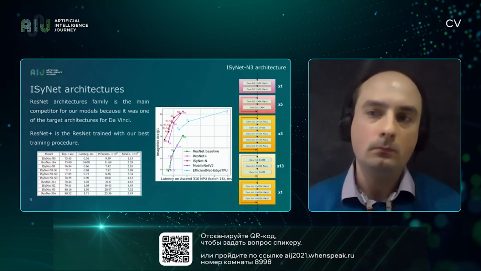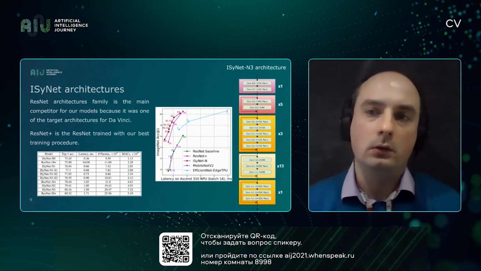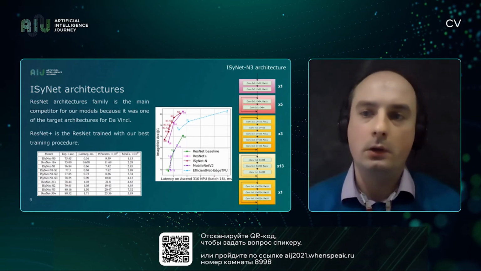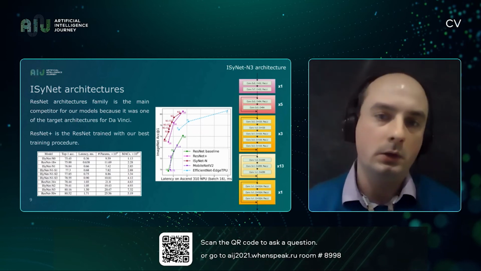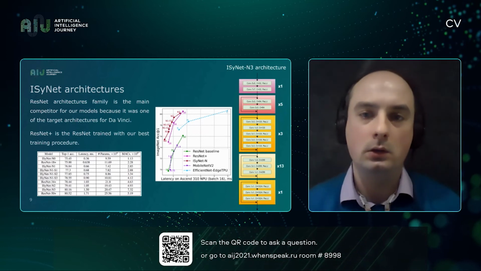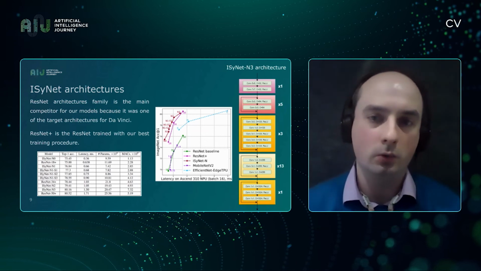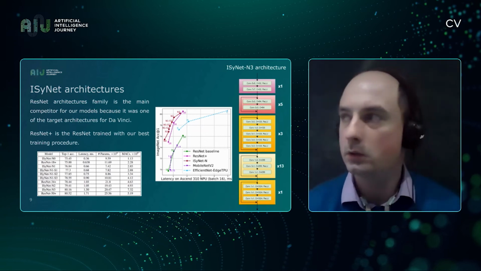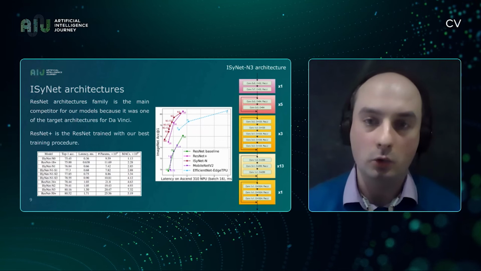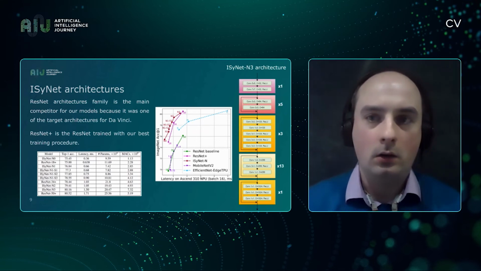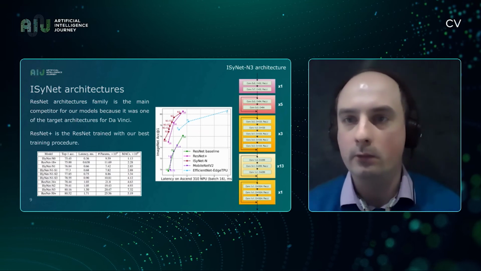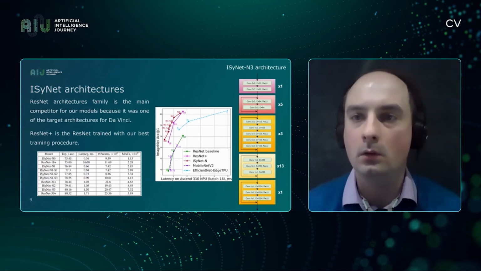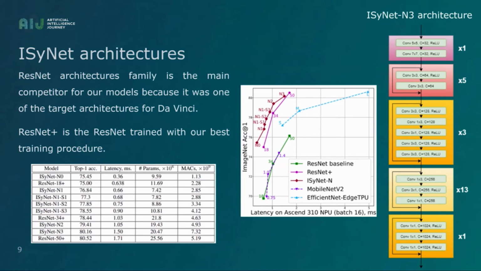Everyone knows them. They are used frequently. And the very architecture of Da Vinci was designed for ResNet. And ResNet models are quite good. So if we could develop a better model, then it's really efficient. The way they work is shown at the right.